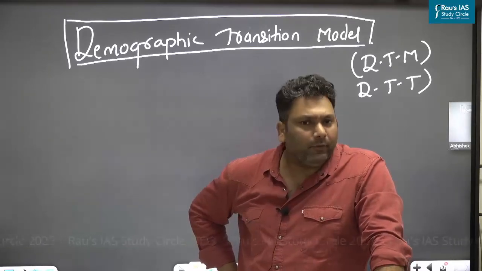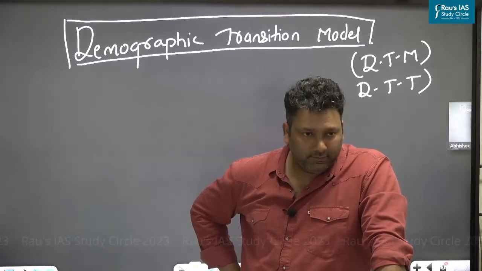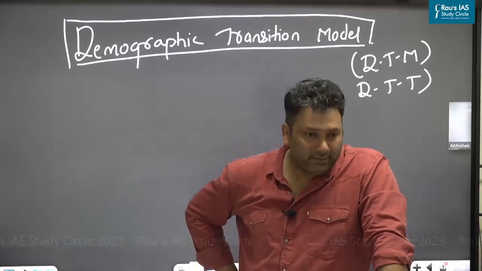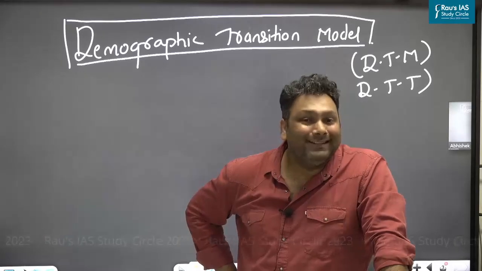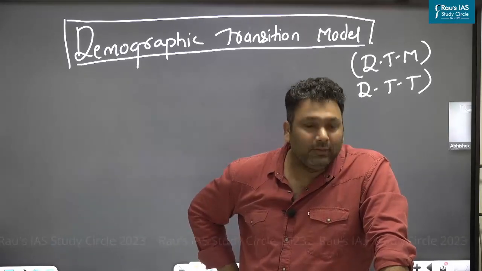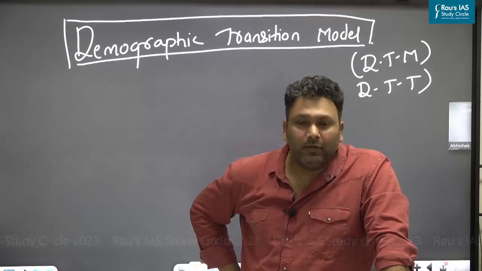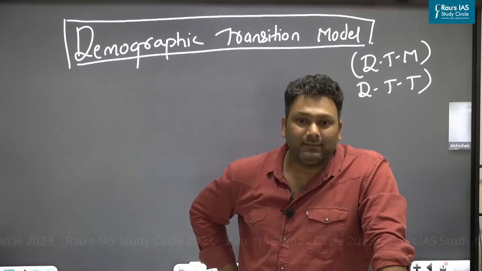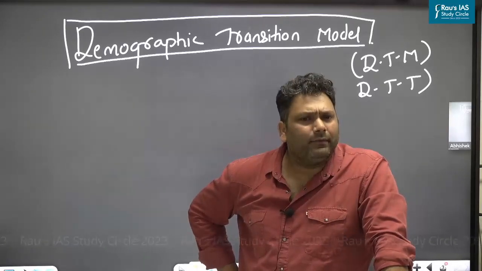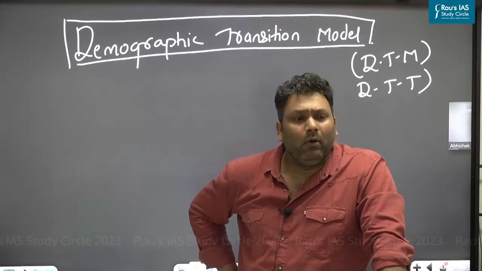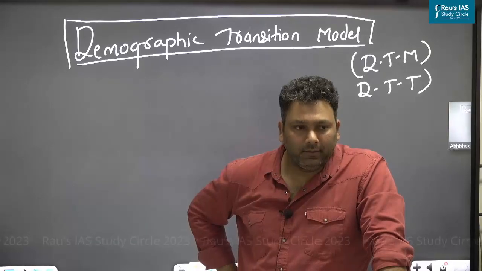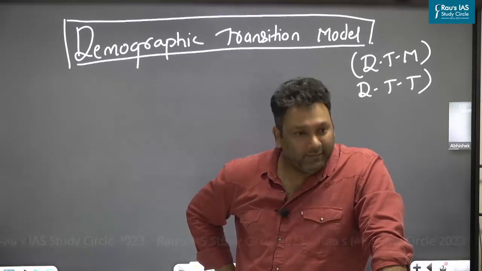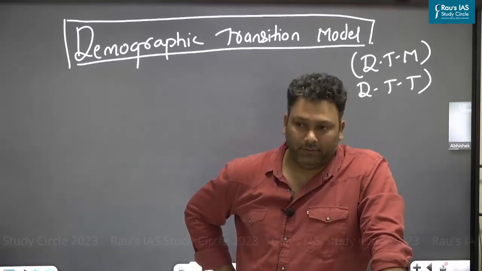Demography talks about birth rates, death rates, migration, literacy, dependency ratio, old age population, and other socio-economic indicators. All these are the demographic attributes, and all this will be transitioning from one society to another society.